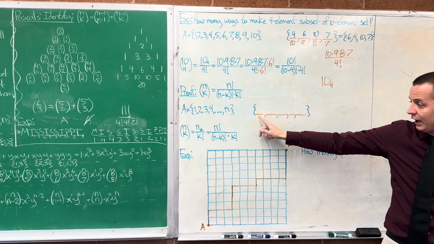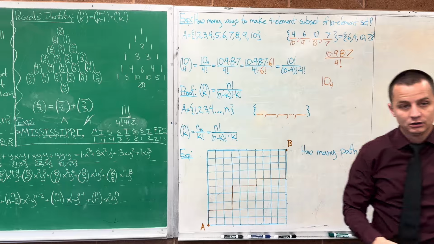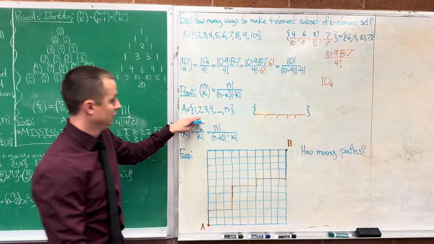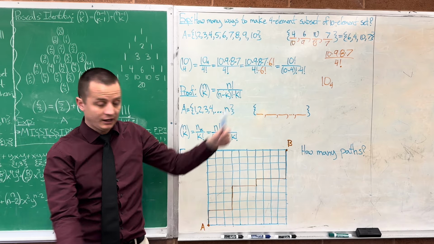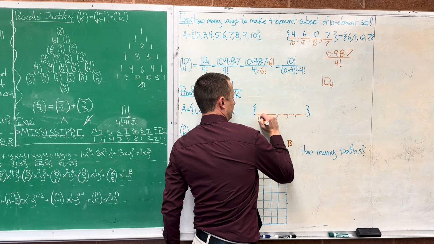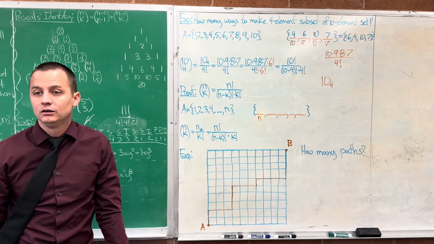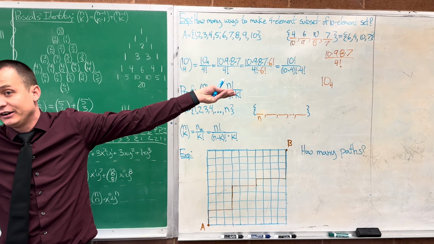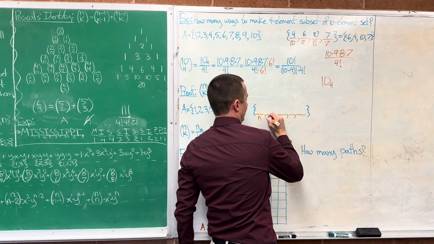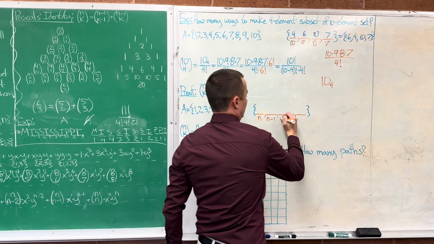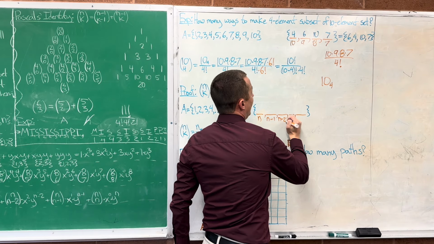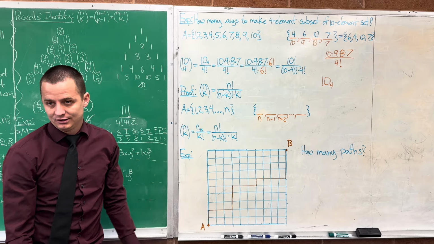How many options do I have for my first element? N. How many options do I have for what can go here? N minus 1. One less than n. Whatever n was, we're now at 1 less. What about here? N minus 2. How many options do I have for what goes last?